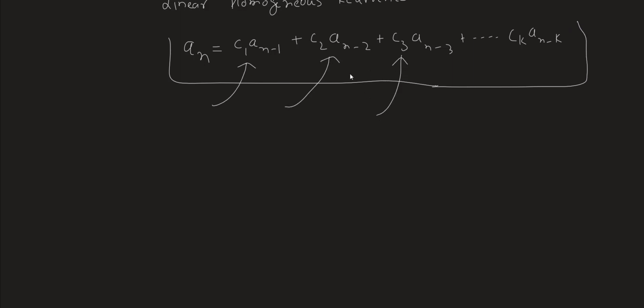There is c1, c2, c3, so on to ck. So that's why it's called linear. It's homogeneous because in each term you will find a. So here we'll have a, here is a, here is a, here is a.